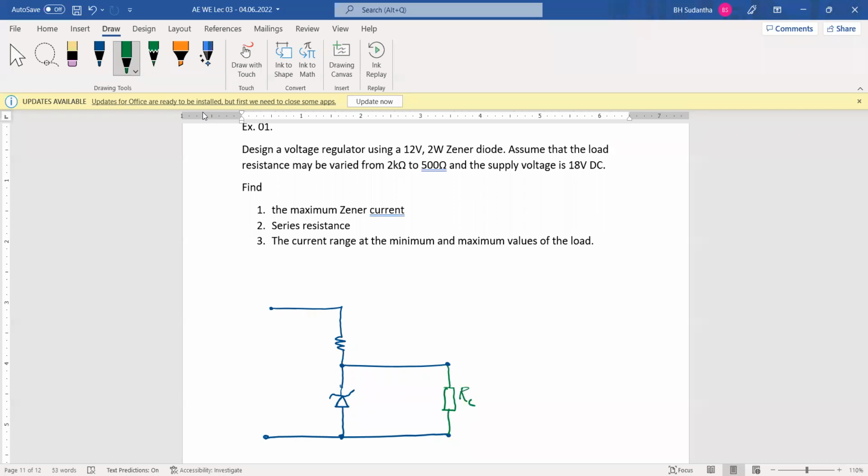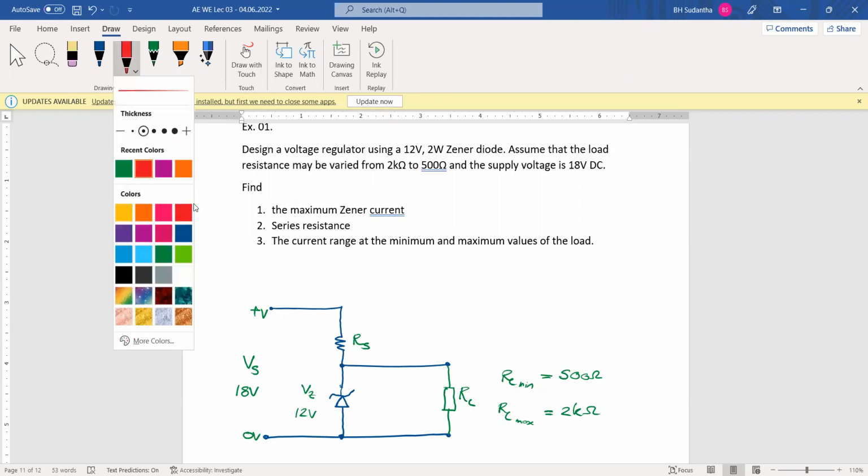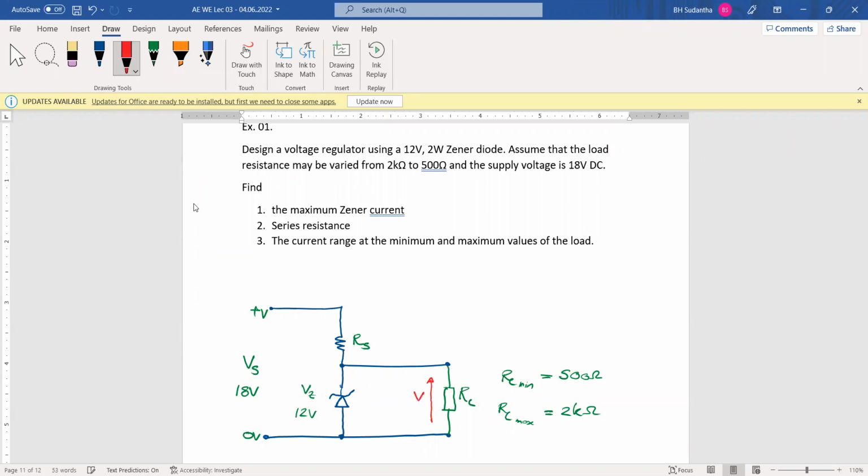This is the load. This is VL, the load voltage.